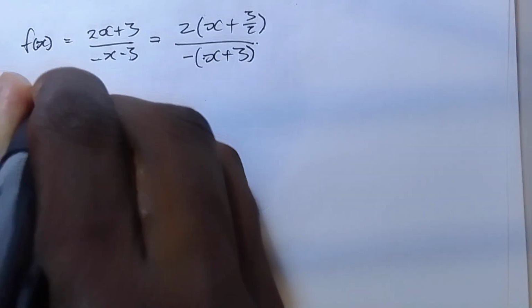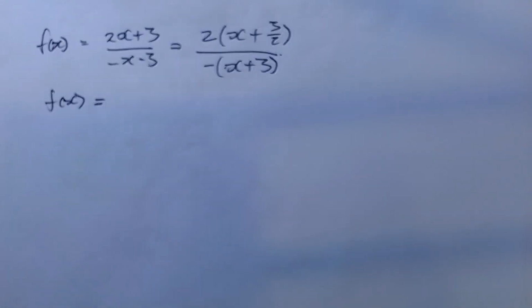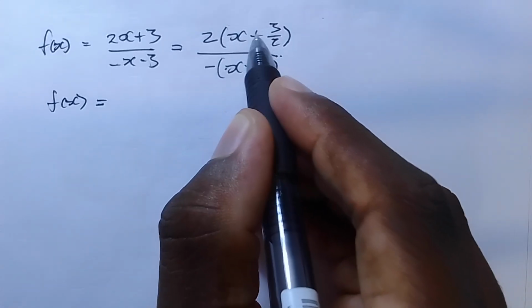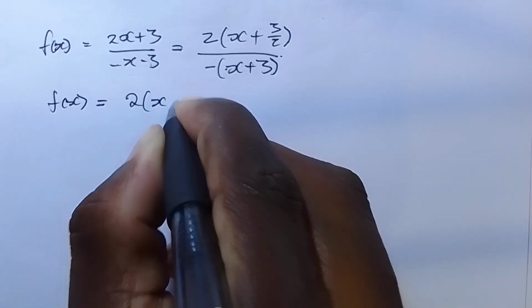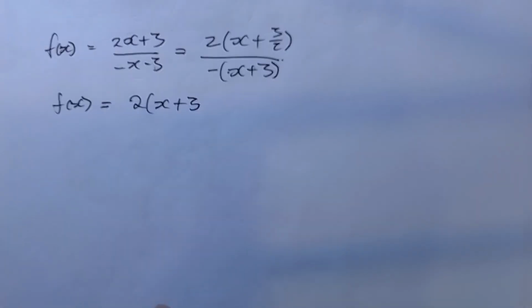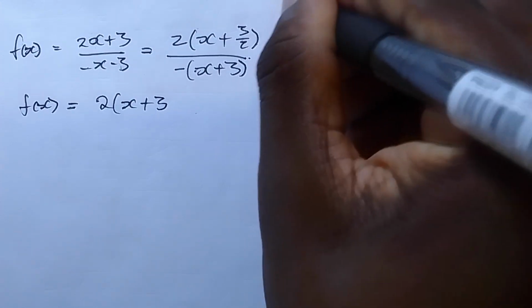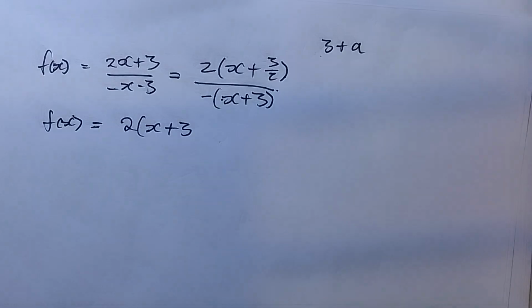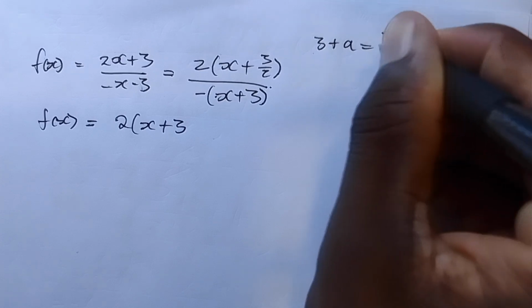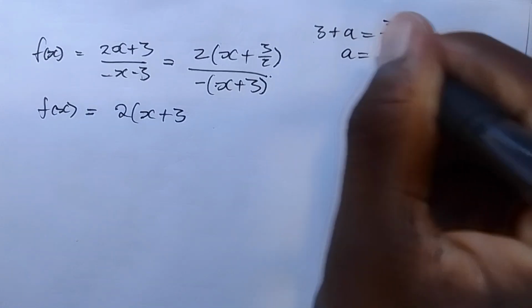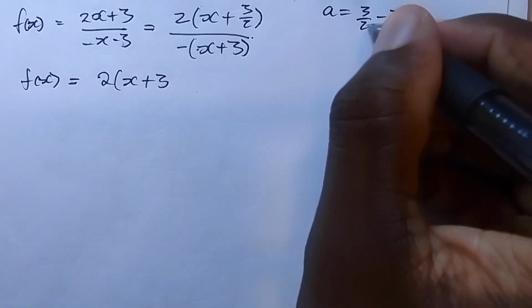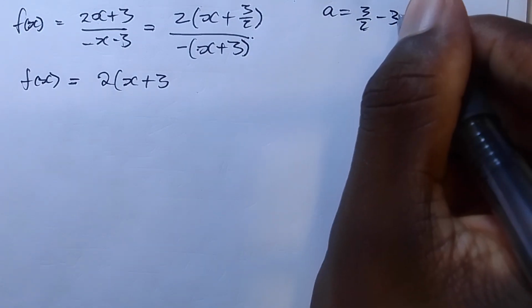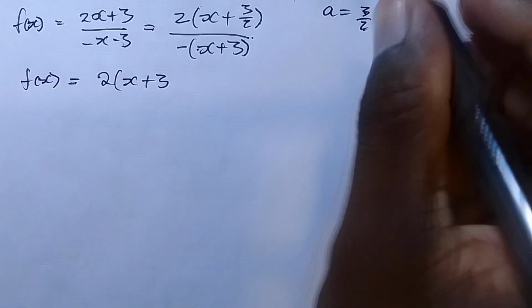Okay. Now, f at x is equal to, you want to have an x plus 3 at the top. So you force it to be there. But if you have 3, what number do you have to add to 3 so that you can reverse back to 3 over 2? So a must be 3 over 2 minus 3, which is, this is 6, negative 6 minus 3 is negative 3.